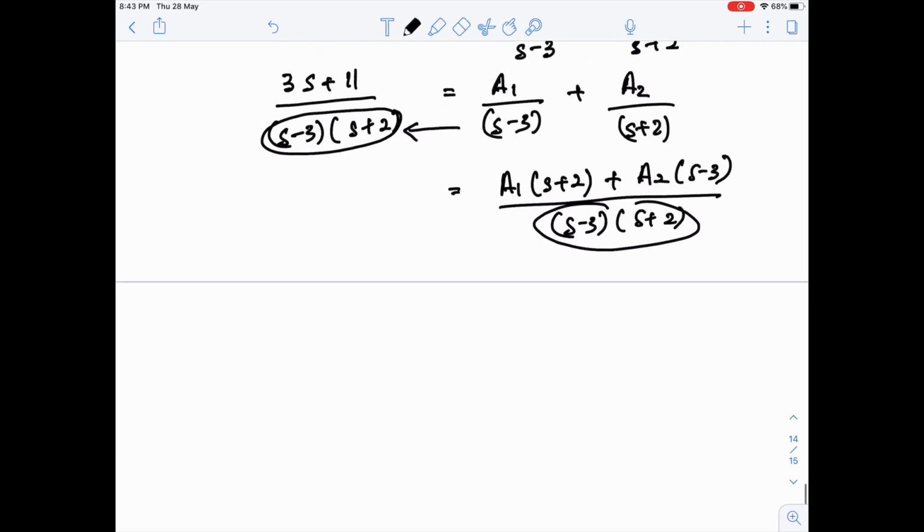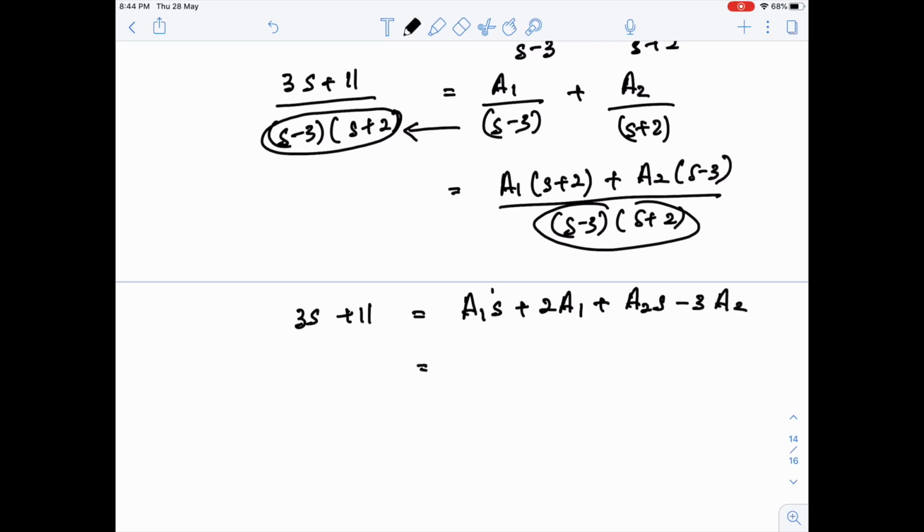So we just need to match the left hand side, which is 3s plus 11, with the right hand side. You expand this one, so you will get a1s plus 2a1 plus a2s minus 3a2.